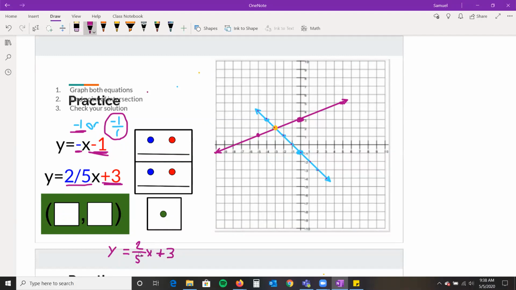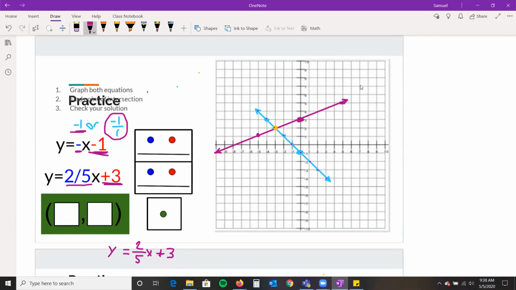So this is already a fraction, so we can say rise of 2, run of 5. So I like this form because it's already a fraction, so we just say, okay, rise 2, run 5. They're both positives, so it's going to go up and right. So rise 2, run 1, 2, 3, 4, 5.